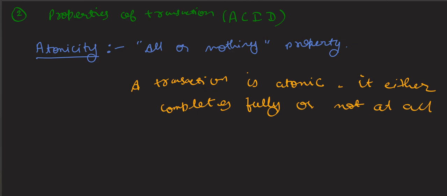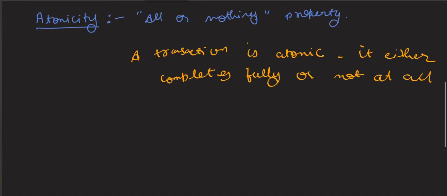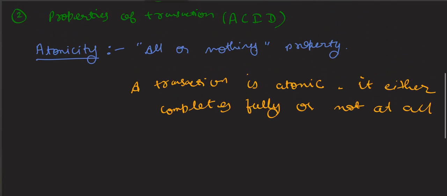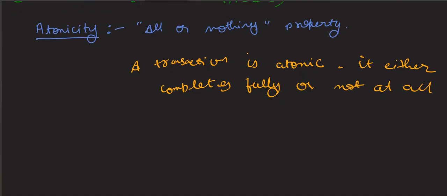So moving further to the next topic, which is consistency. So what is consistency? A transaction brings the database from one valid state to another. This is called consistency. Let me write it down.